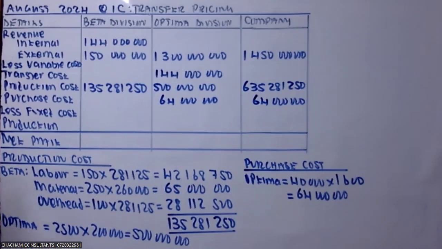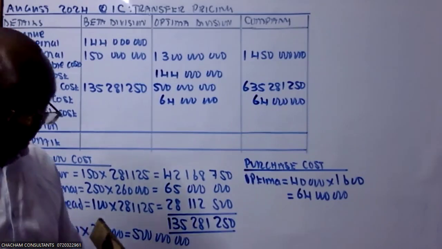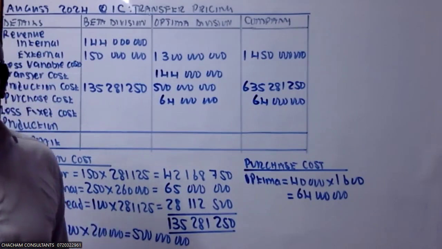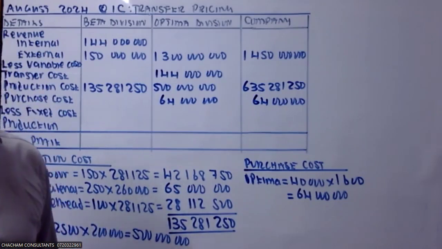The last one is the fixed costs. Now, fixed cost does not have a working. We are just given the figure straight.